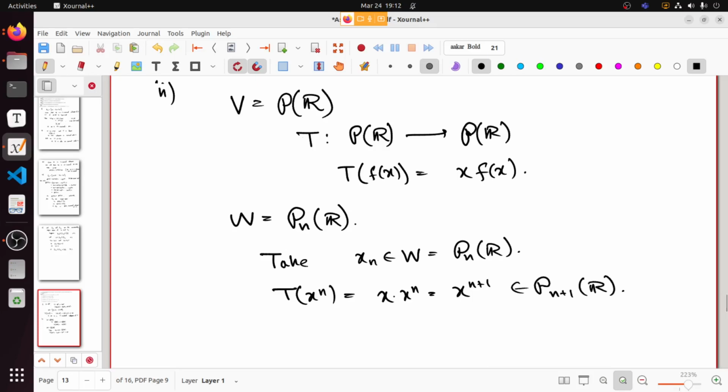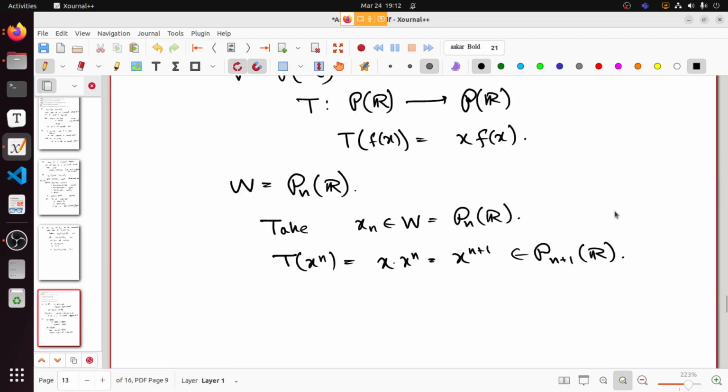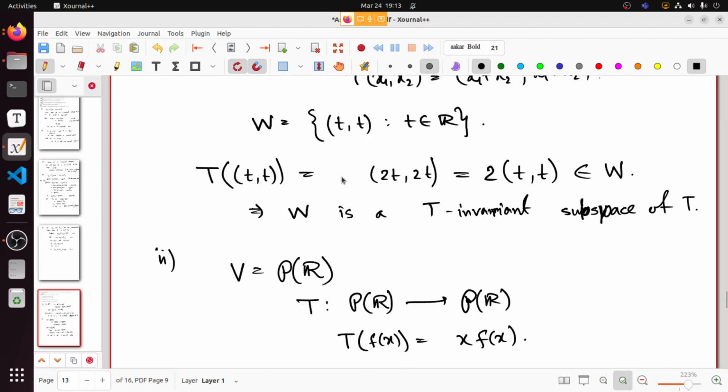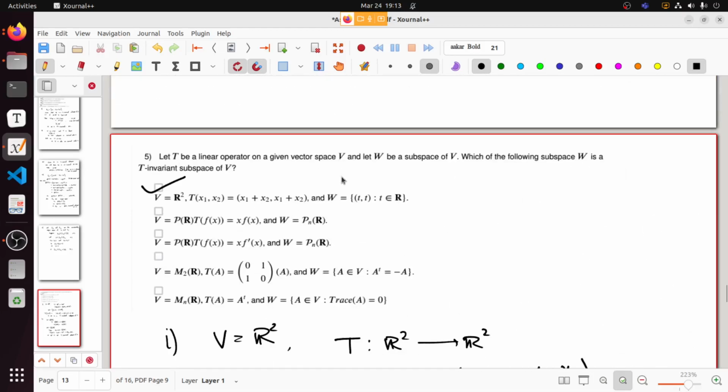Which implies W is not a T invariant subspace of V. So option number 2 is false.